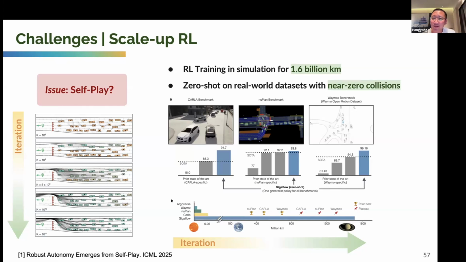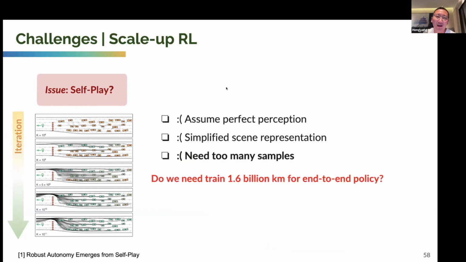But it got very promising results. Eventually it achieves zero-shot transfer on real-world datasets with nearly zero collisions. That's the very good part of reinforcement learning. But in the beginning iterations, it has a sample efficiency problem, right? Literally every RL algorithm has it.